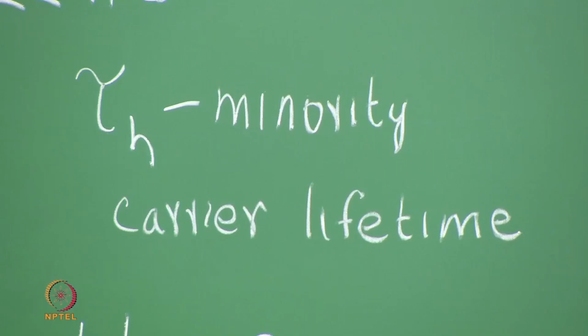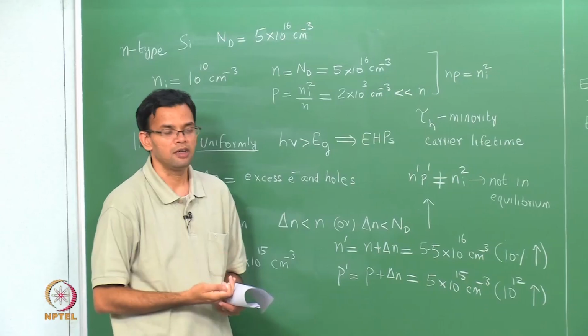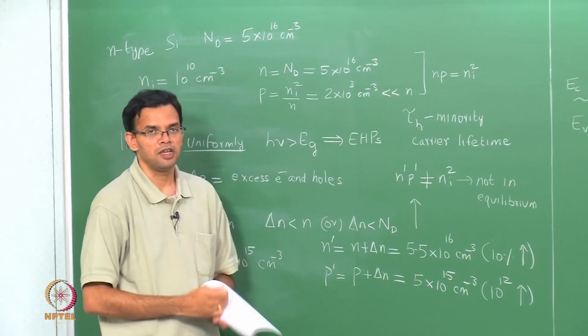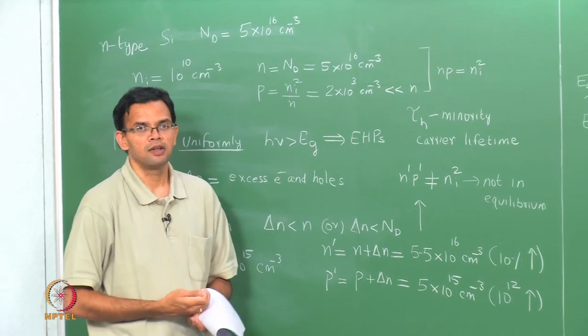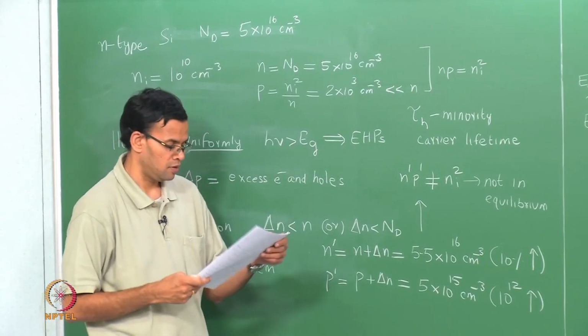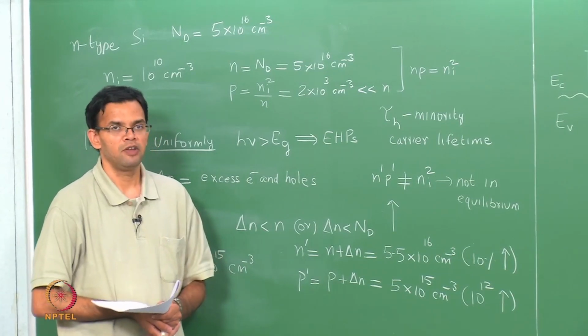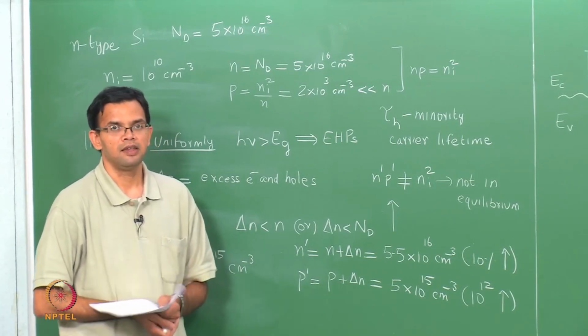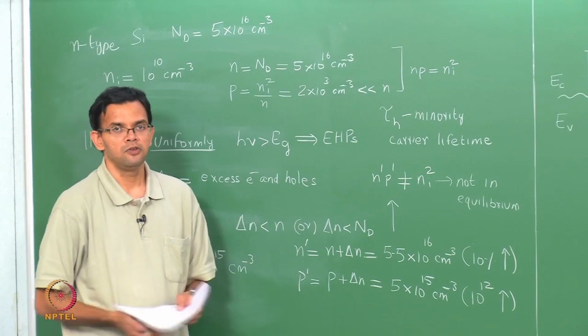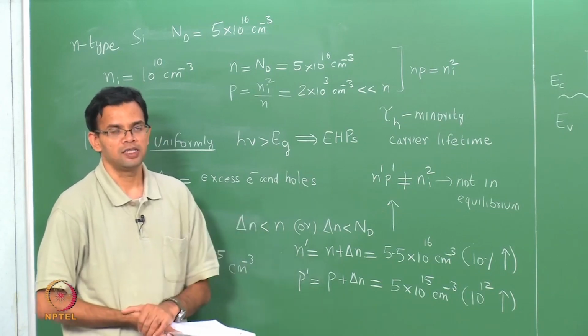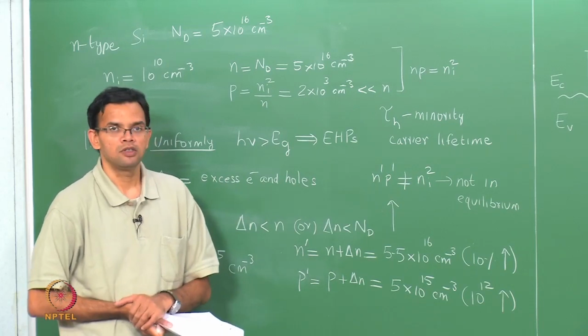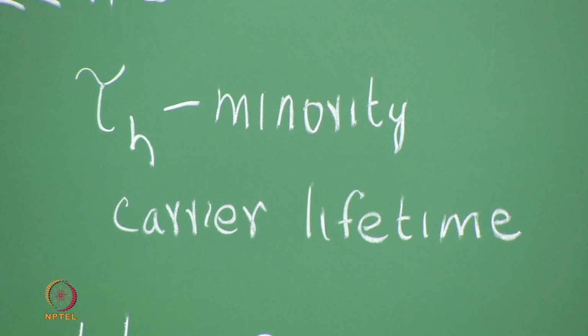Tau h determines how long it takes for the electrons and holes to recombine, so that we go back to the equilibrium situation. So it is possible to write an equation linking the excess carriers that are generated to the amount of electron hole pairs created and the amount lost to recombination.